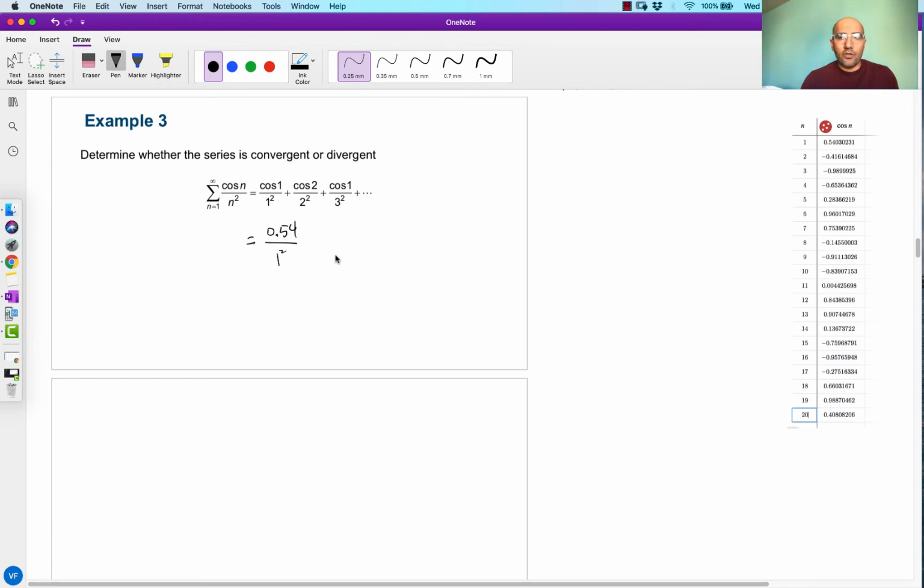And then the next term, cosine of 2 is going to be negative, so it ends up being minus 0.42, just to approximate it, and then 2 squared. And then the next term is also negative, so minus 0.98 all over 3 squared.